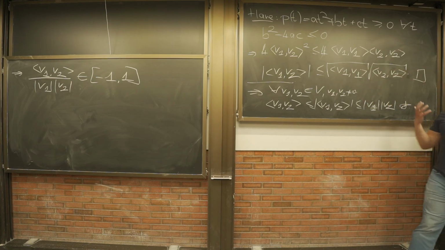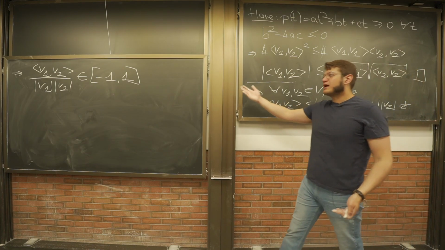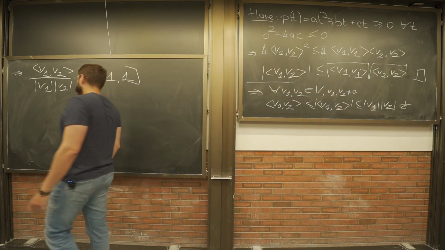That means that there is a unique number between 0 and 2 pi whose cosine is this.